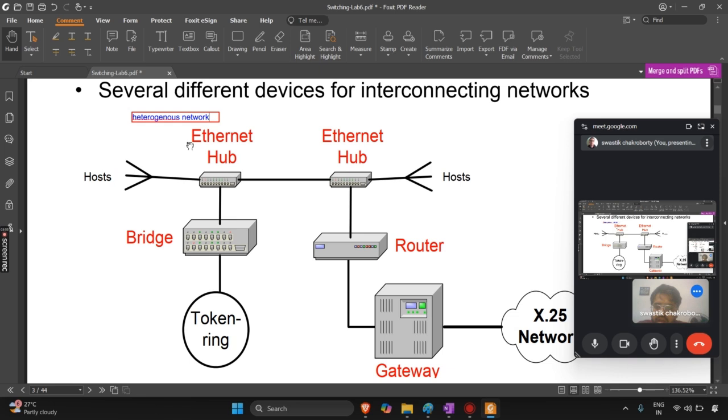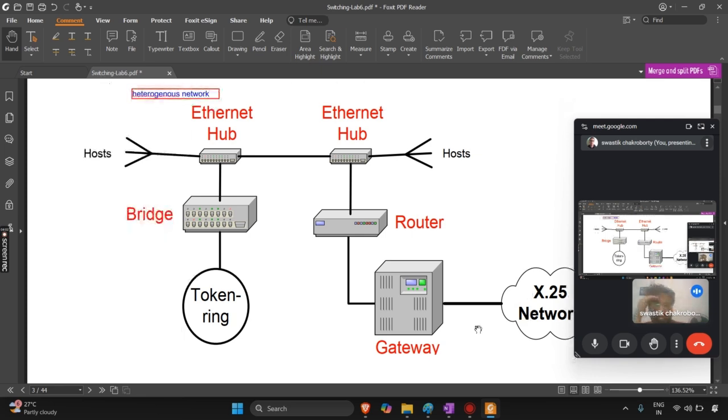The hosts are connected to the hub. The hub is connected to a bridge, and the bridge is connected to a router. The hub is basically a big switch. It contains all the clients, all the end user devices.